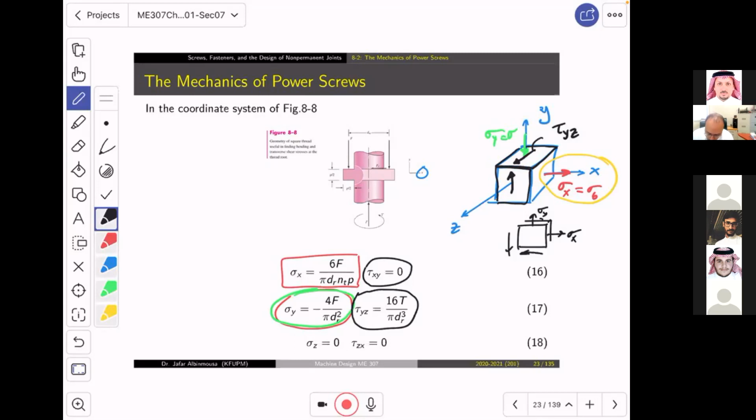So which face should we take? We should take this one, right? And if we take this face, what are going to be the stresses? Only sigma Y. What about sigma X? It's already principal.